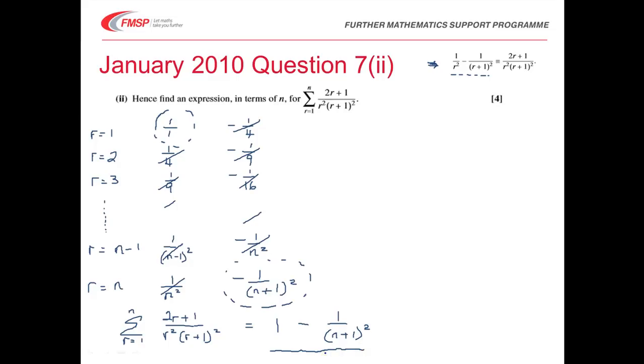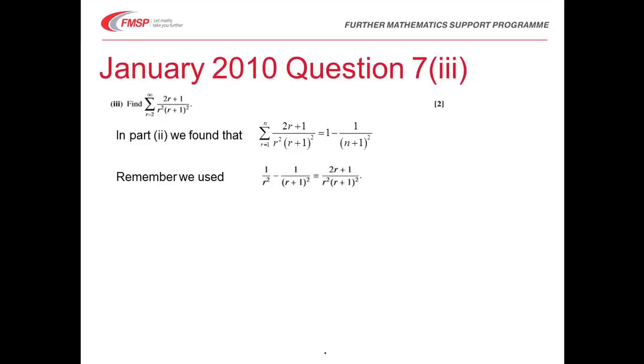So we've still got another part to look at, so that's part 3, which is where we're asked to find the sum from r equals 2 to infinity. So just let's have a little look here. We have found in part 2, this is what we found, that sum from r equals 1 to n was 1 minus 1 over n plus 1 squared.